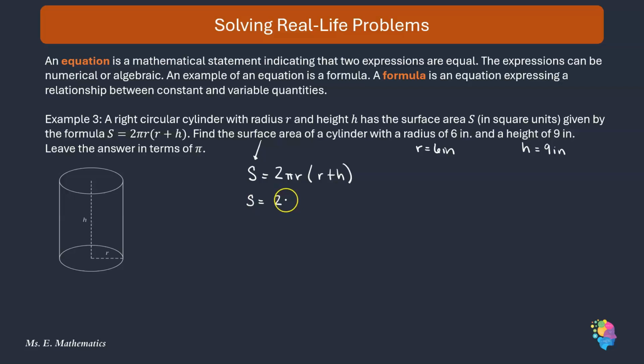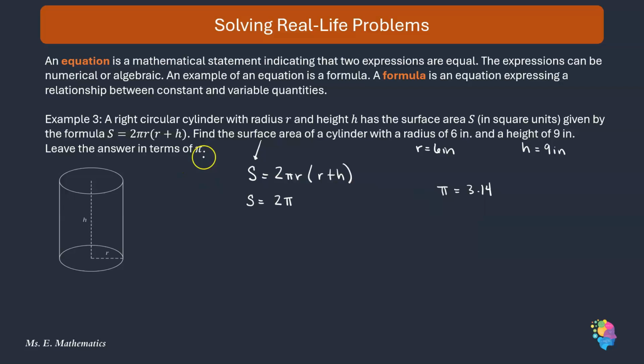We do 2. They say to leave it in terms of pi. That means that we're not going to touch pi. We're just going to continue to write the pi symbol. Some of you might know that pi is equal to 3.14. And if they wanted us to replace it, they would have told us.